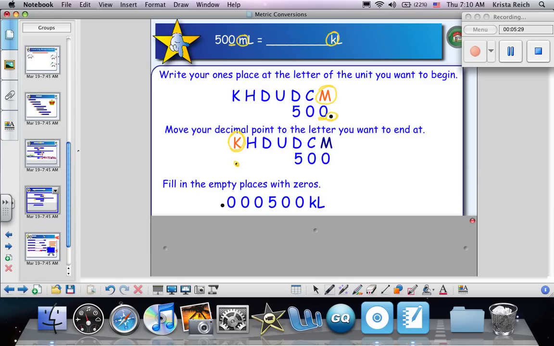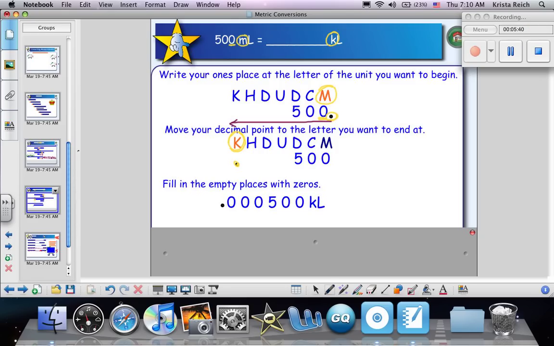Next step is to fill in any empty spaces with zeros. Now, see how we moved the decimal to the left this time? You don't have to put a 0. Actually, I do not want you to put a 0 where this decimal point is. When you move to the left, all you do is just fill in the empty spots with zeros.